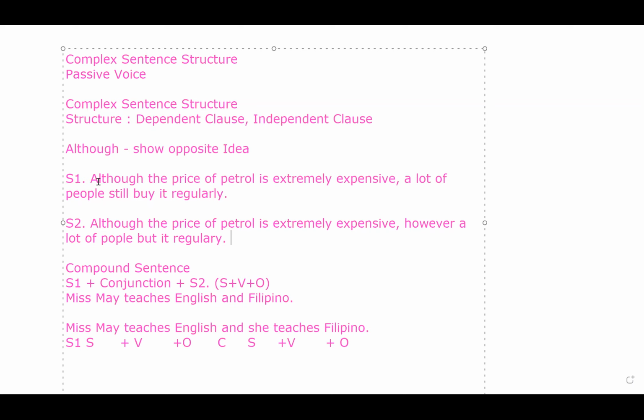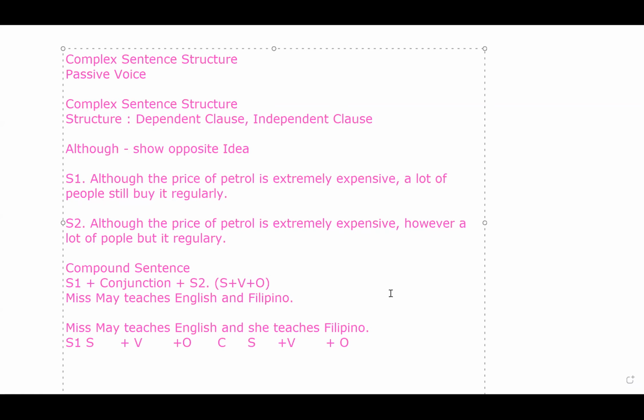So for complex sentences, the start of the sentence should be a conjunction, isn't it? For compound sentences, we start with the subject. Yes, but look, Chandra, not all conjunctions are appropriate for the complex sentence.